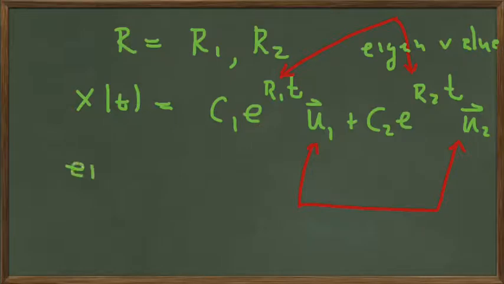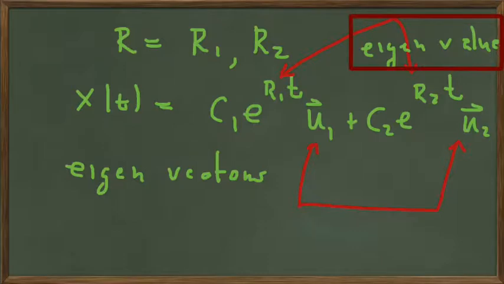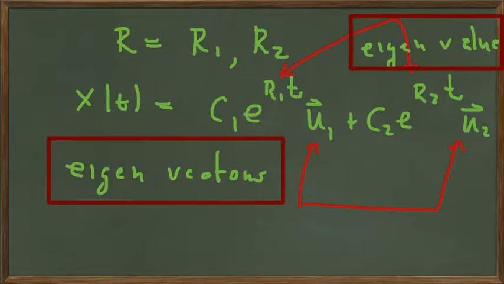Those are called the eigenvectors. So when we solve a system, we need to find eigenvalues and eigenvectors. So let's see how to do both of those on the next blackboard.